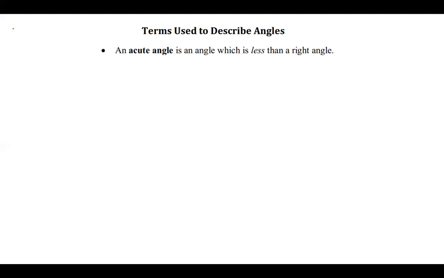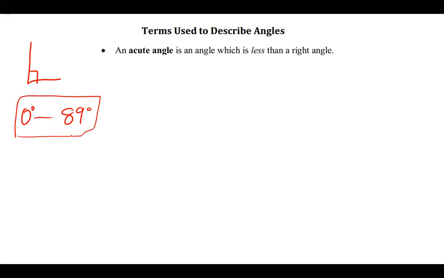We know the right angle is simply a 90 degrees angle. So when we say an acute angle, we simply refer to an angle that is less than 90. Any angle starting from 0 degrees up to somewhere 89 degrees, angles in this range are called acute angles.